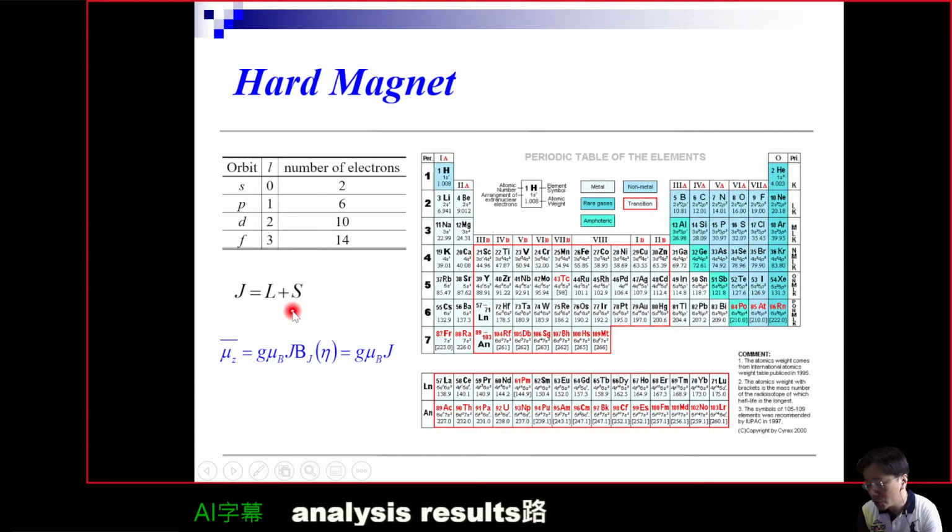So not all the elements would be L plus S. For some elements, they only contain electrons that are less than the half-filled shell. So in that case, Hund's rule tells us the J would be equal to L minus S.